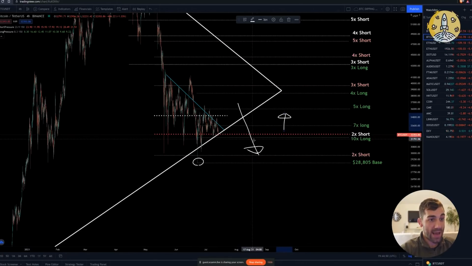And then as we dip past the 10x long level, people feel comfortable going long on 10x leverage because once the price is below this 10x level here, they can protect their liquidation point against the local low. They can now keep their liquidation point down here, which is much safer than having your liquidation point above local support, right?